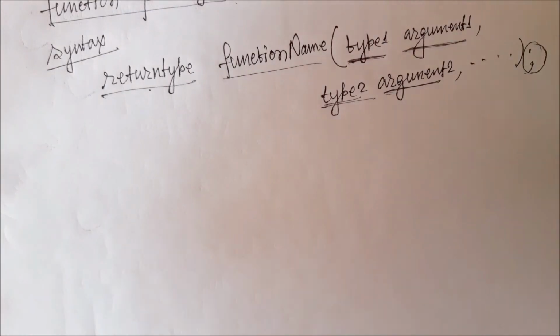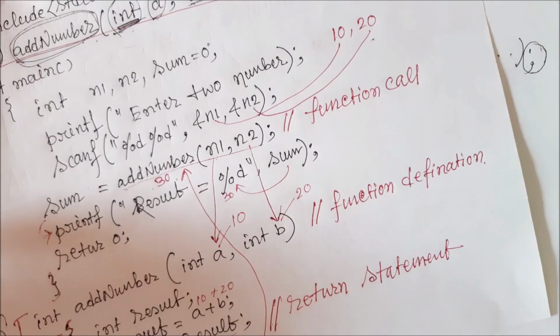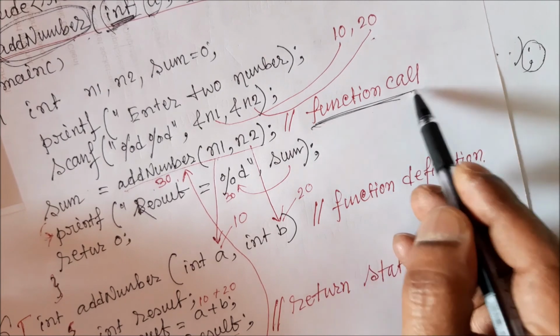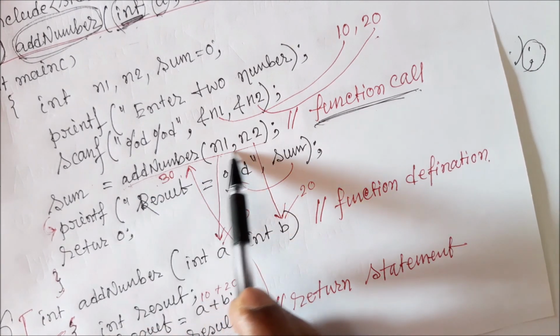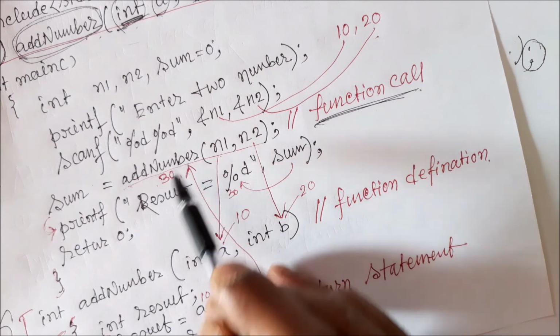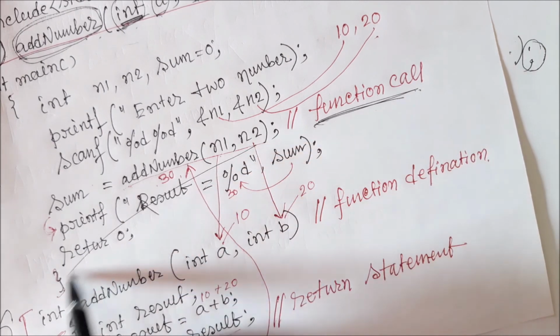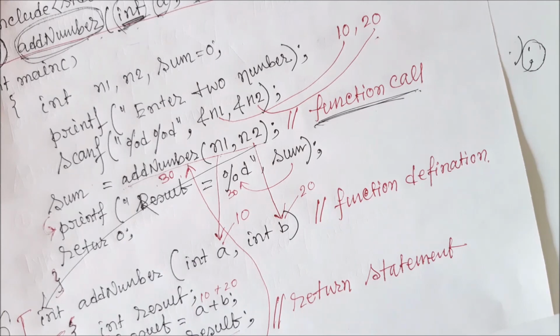The next thing is calling a function, the function call. Function call means control of the program is transferred to the user defined function by calling it. So that means when we encounter a function call, it transfers to the user defined function. So what is the function call syntax?